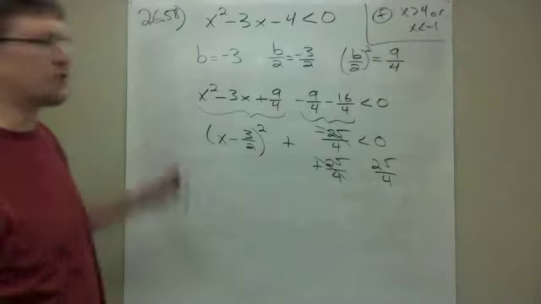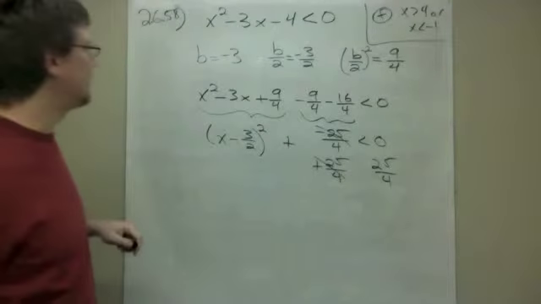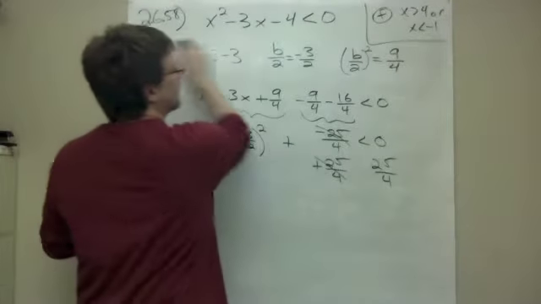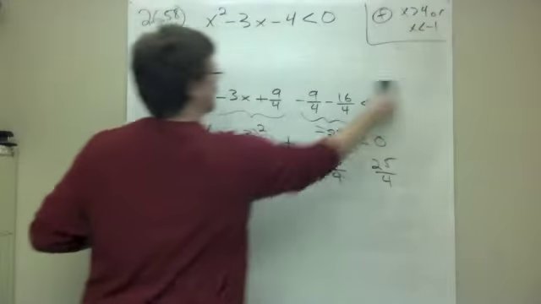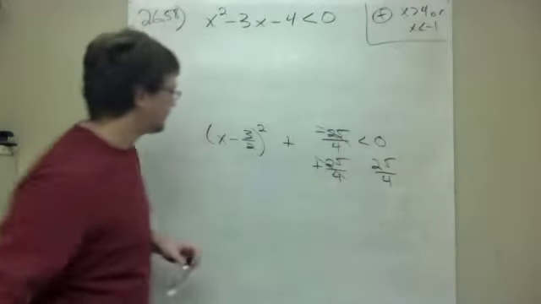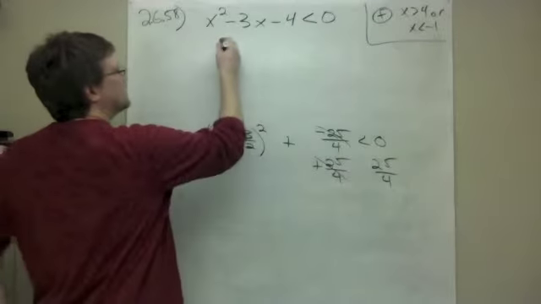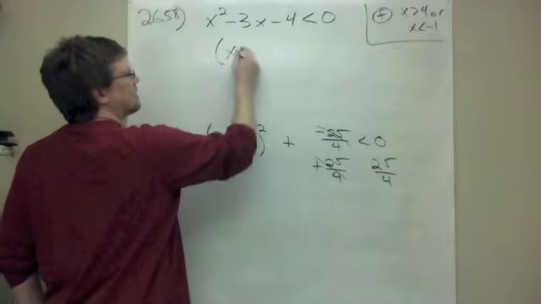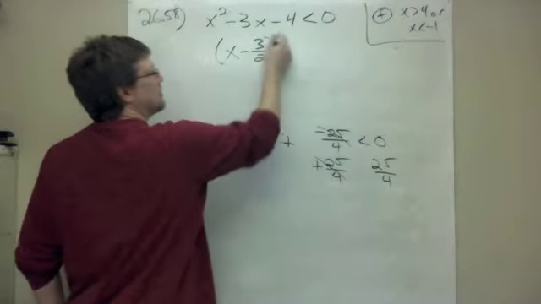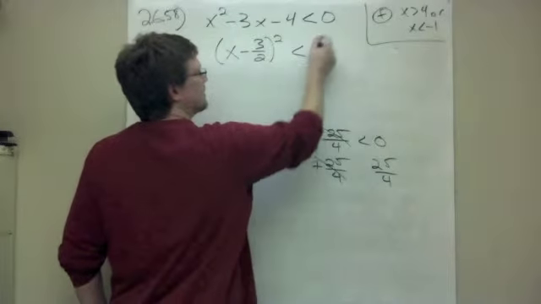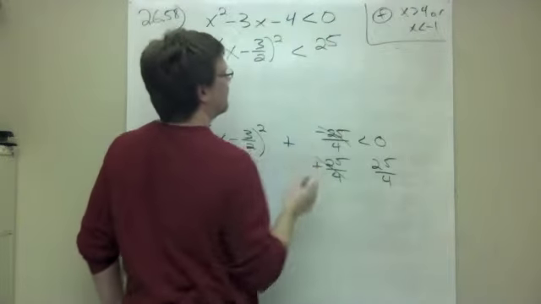I'm going to write my square back up top because I think I'm going to need the room. This gives x minus 3 halves squared is less than 25 fourths.